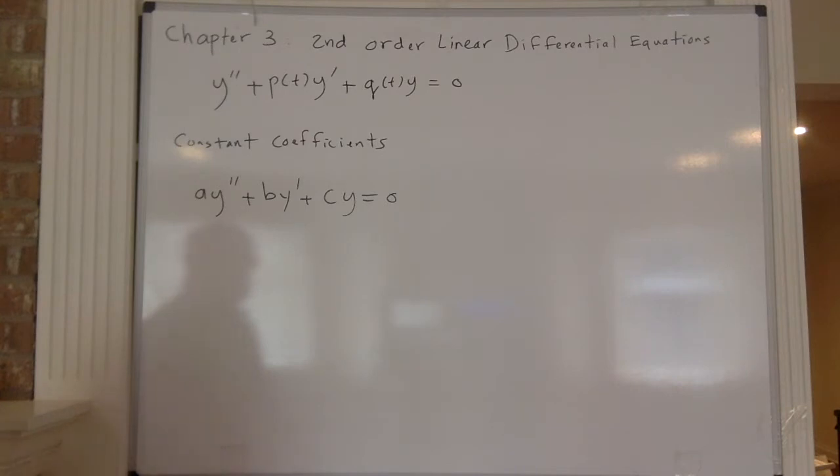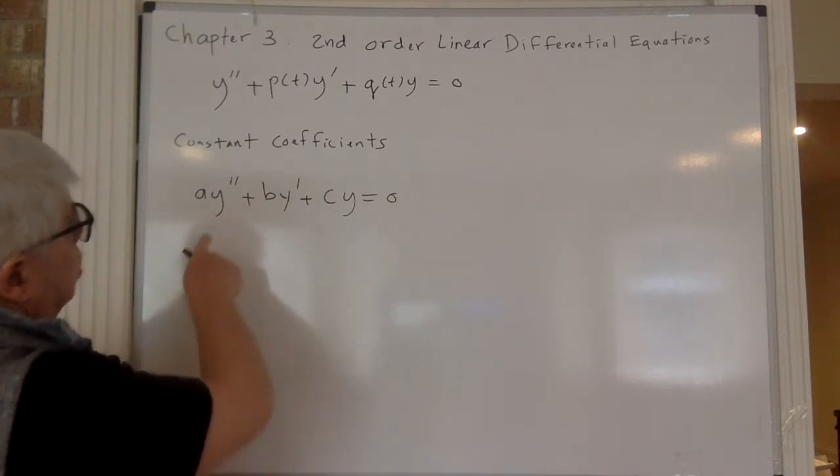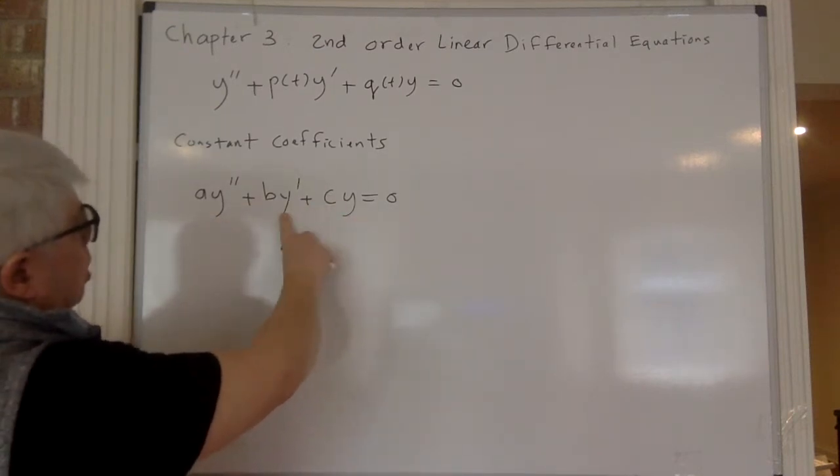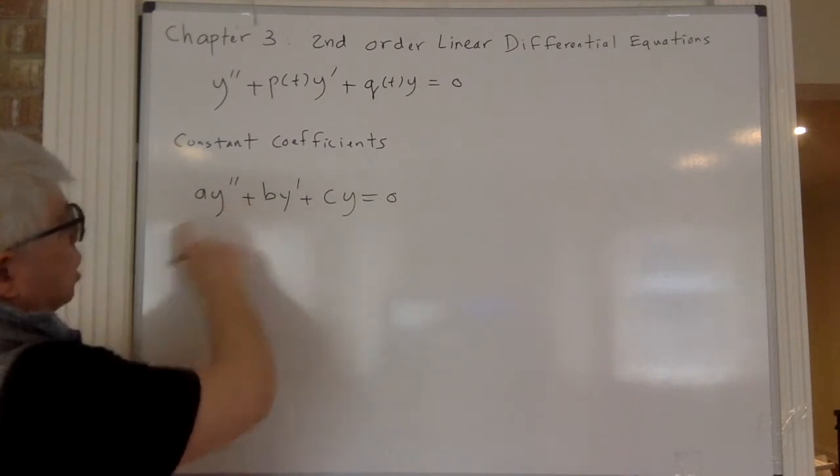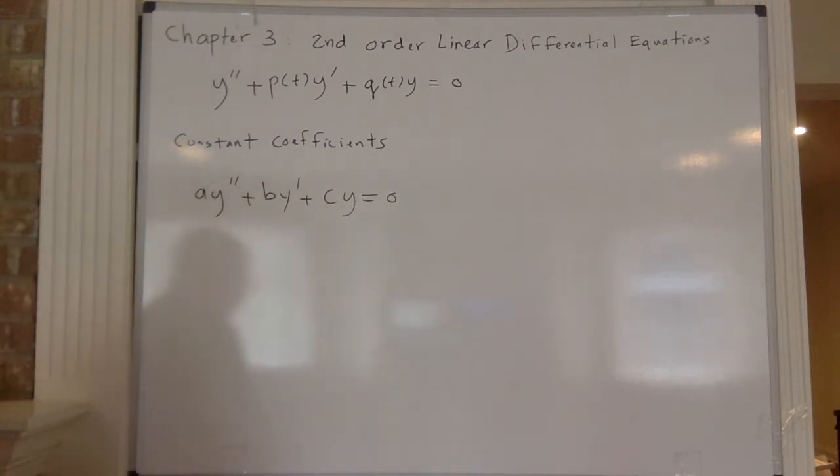So, if I look at this just by inspection, I can see that there is a relation between a function, its first derivative and its second derivative, and they are multiplied by some constants, and when we add them, we get 0.